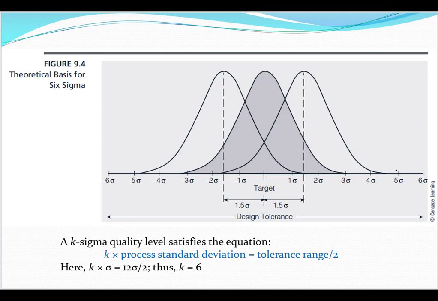So in this view graph, you can see that if this is the target, and from here to here is the tolerance of the customer, the standard deviation of the process is such that six standard deviations can fit from the target to the lower spec limit, and six standard deviations can be contained between the target and the upper spec limit.